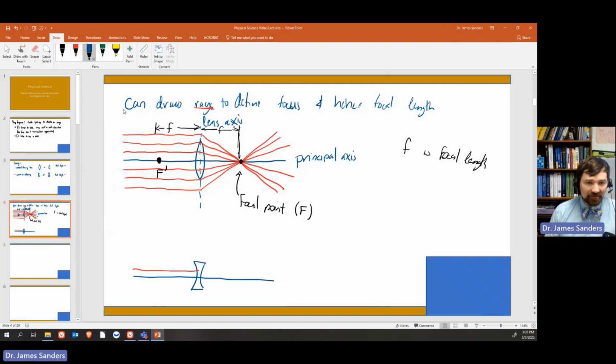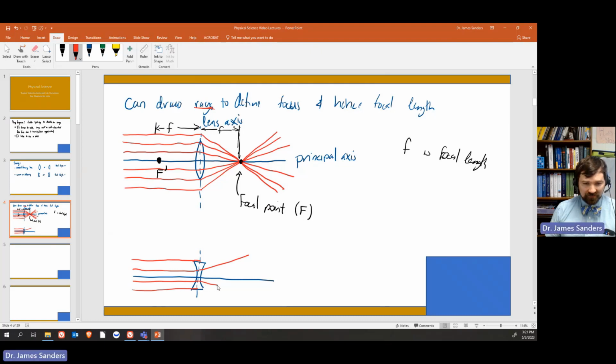Oops, I forgot my lens axis. You draw your rays coming in like so. And then instead of bending towards the principal axis, they actually hit this and bend away. So this one would go off like this.